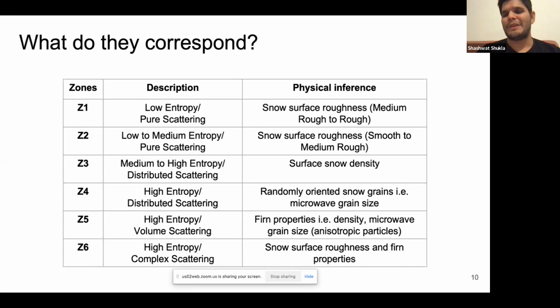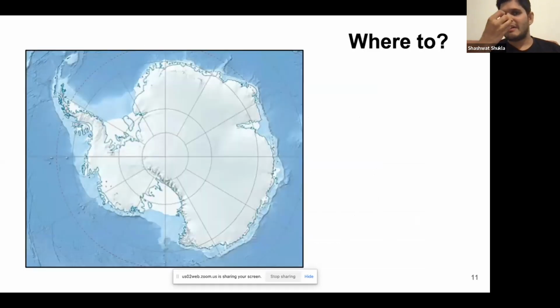If we are just looking at the classified map, we can say that here it is a combination of both snow surface roughness and firn properties. But when it comes to firn property retrieval, I think this area should be disregarded because of the mixed response.